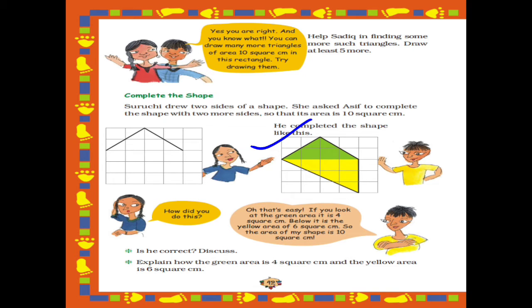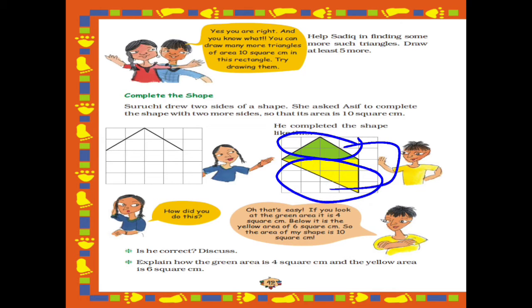So the area of my shape is 10 square centimeter. Asif is explaining how he has drawn the shape, so that the green area is 4 square centimeter and the yellow area is 6 square centimeter. When we add both areas, it will be 10 square centimeter.